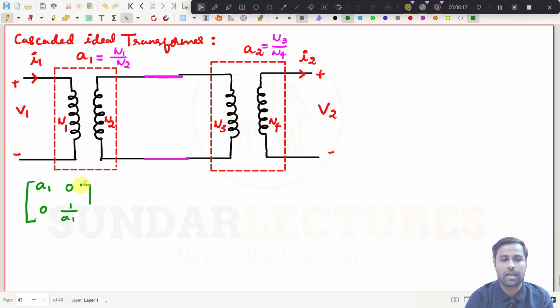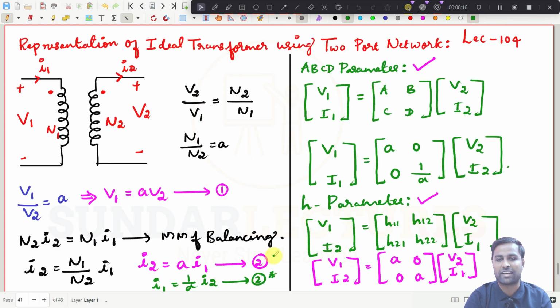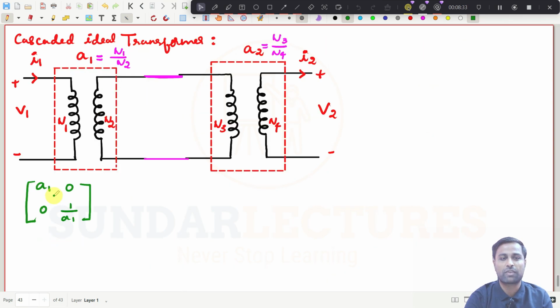That is the ABCD parameter, right? And we have just seen this one: A, 0, 0 and 1 by A. For this one, I've taken N1 by N2 as A here. So this is the ABCD parameter.